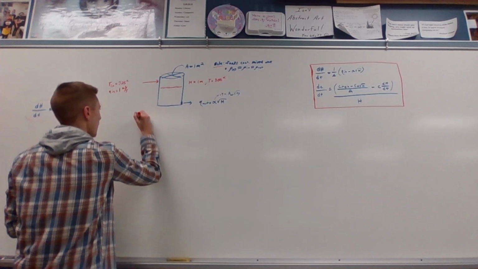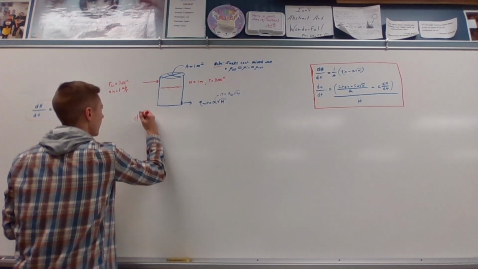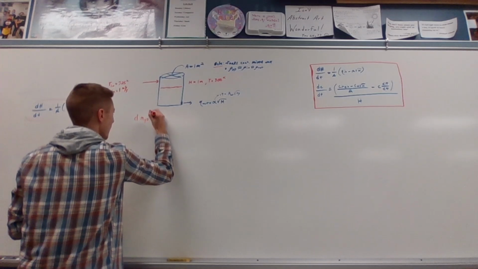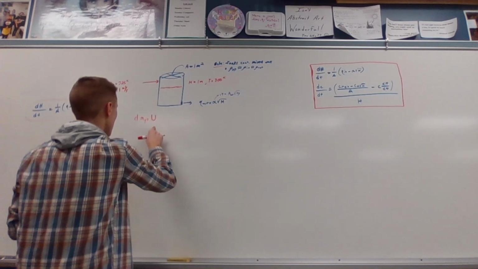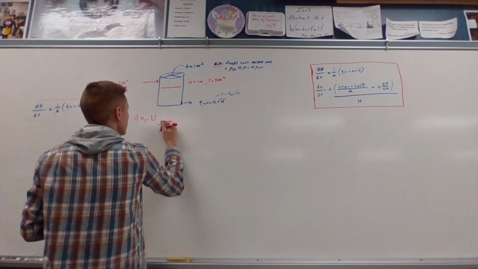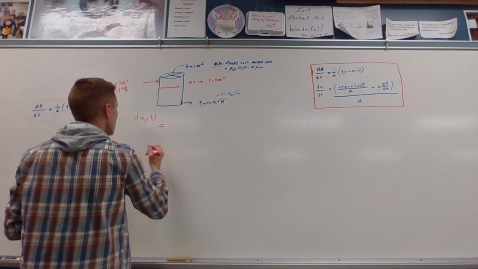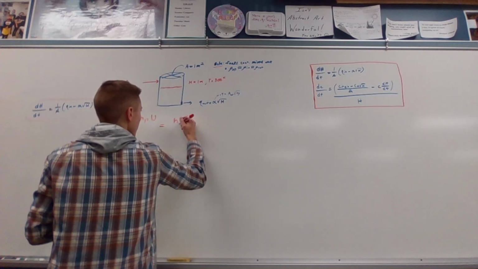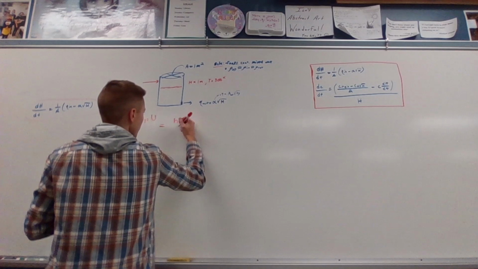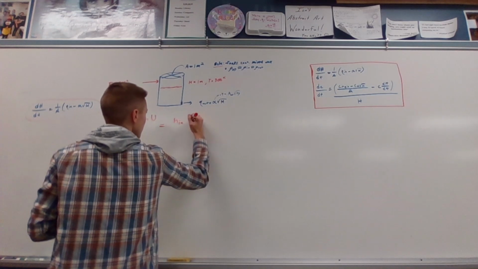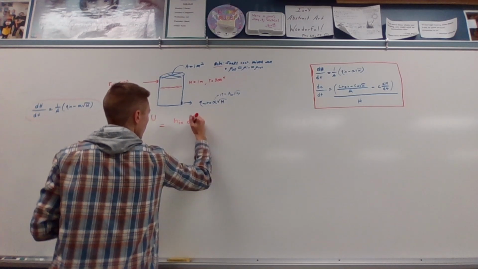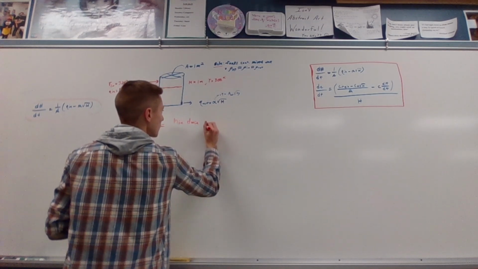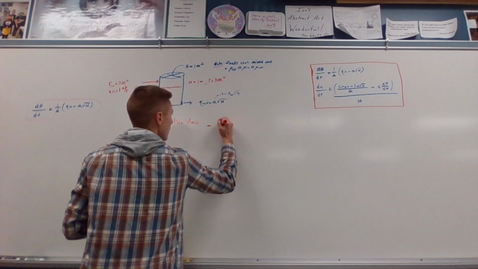Which turns into a small change in the mass of the system times our internal energy is equal to the enthalpy coming in times our small change in the mass coming in, minus the enthalpy leaving.